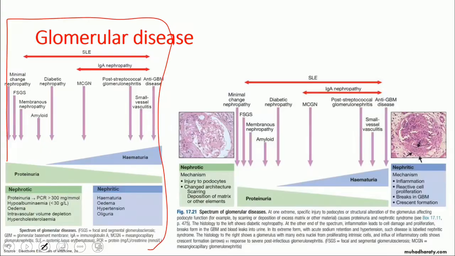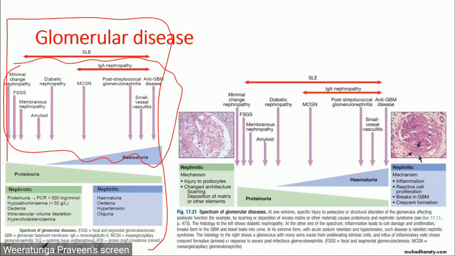So, glomerular disease has a spectrum of presentation. On one hand, they have very predominant proteinuria, and they present with nephrotic syndrome, right? On the other hand, they might have hematuria, and they present with nephritic syndrome. And at the top, there are certain etiologies that have a tendency to produce proteinuria more and nephrotic syndrome more.